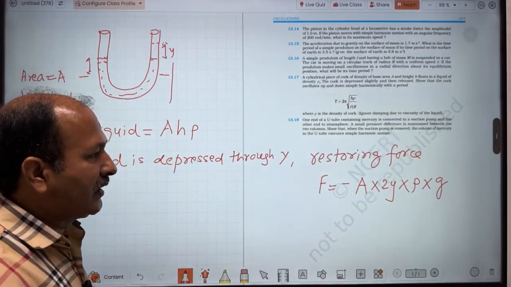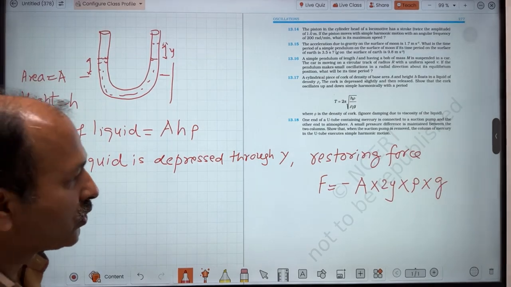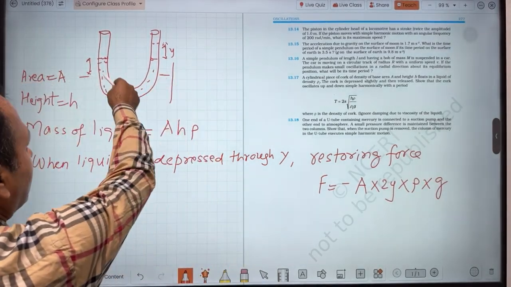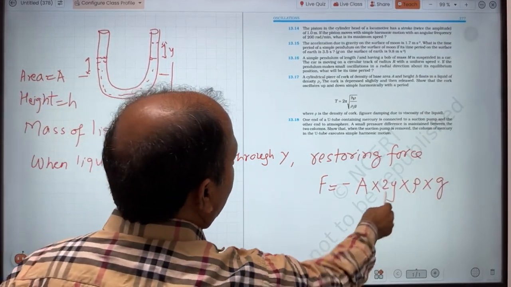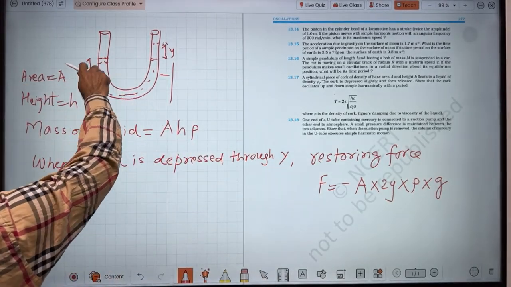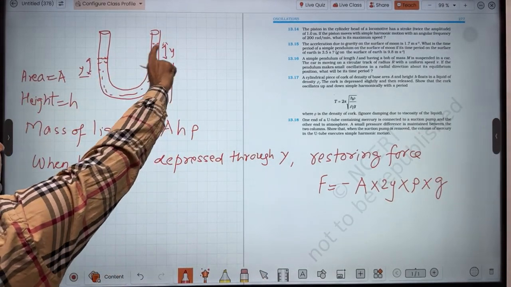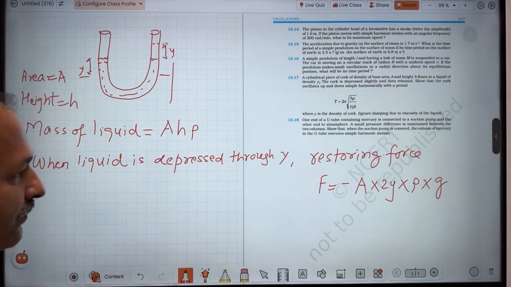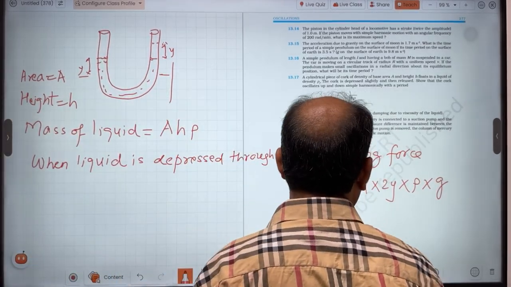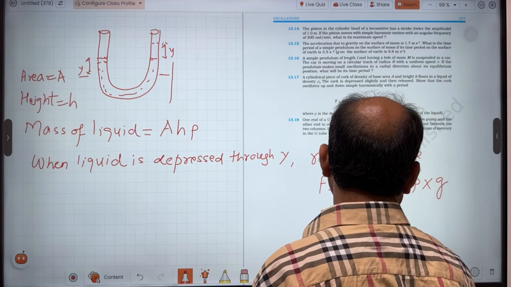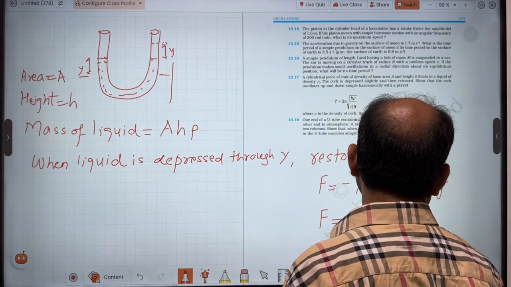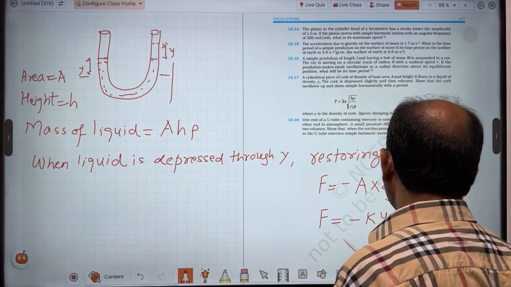So F equal to minus A into 2y into rho into G. You have understood why I am writing 2y? Because this is depressed by y, so this will rise by y, so the difference between the two levels will be 2y. Here clearly we can write it as F equal to minus ky.